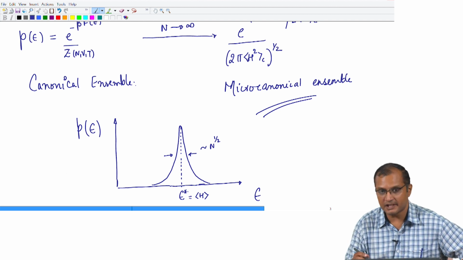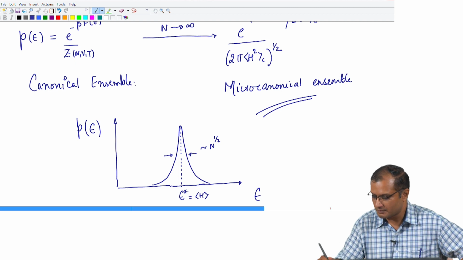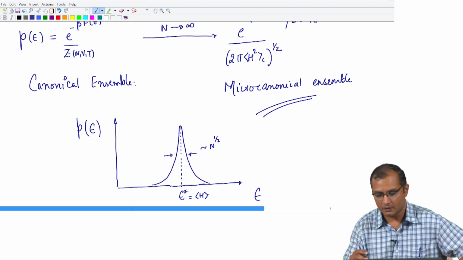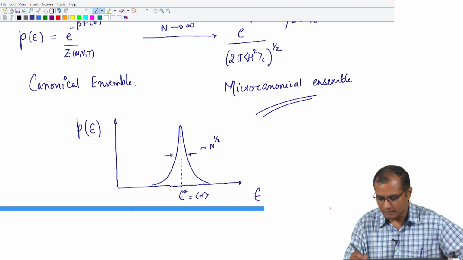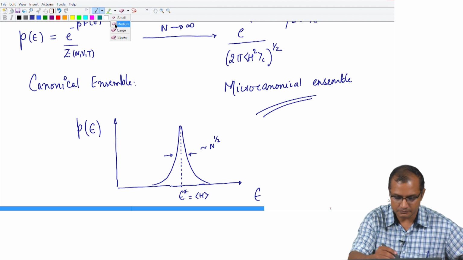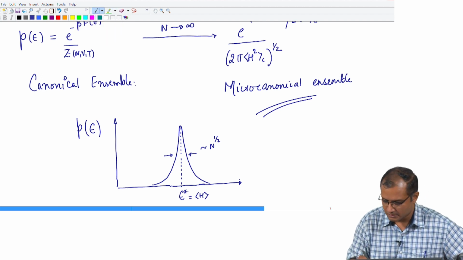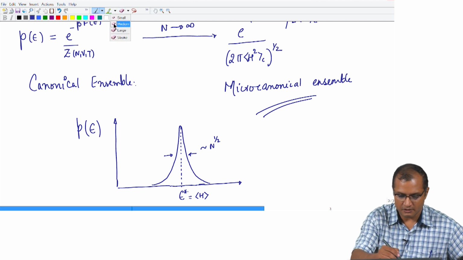As n goes to infinity, my distribution actually moves on the right hand side, okay, it becomes wider. So, for a bigger n, the distribution would be sitting at a value of energy which is on the higher side.